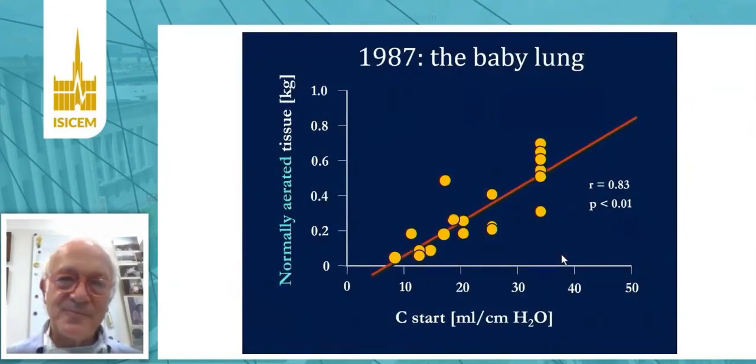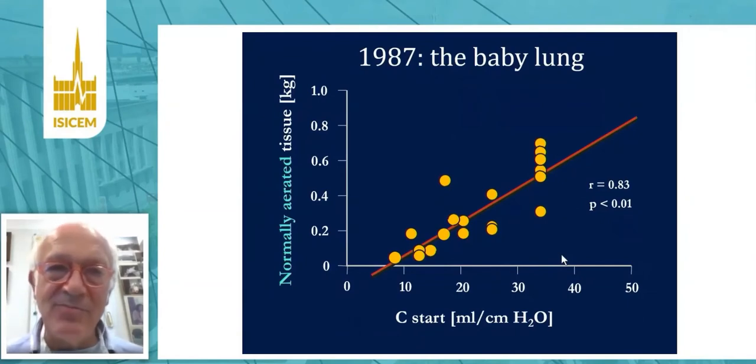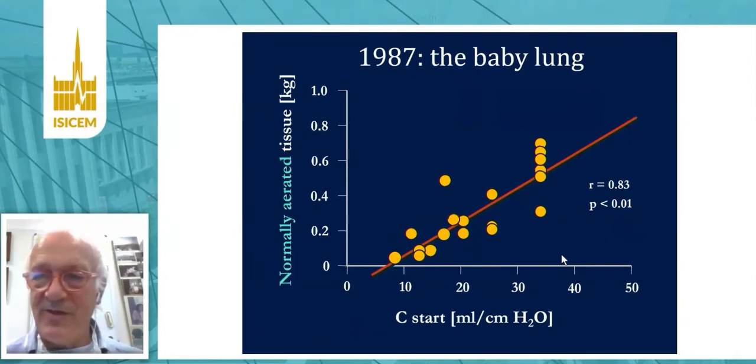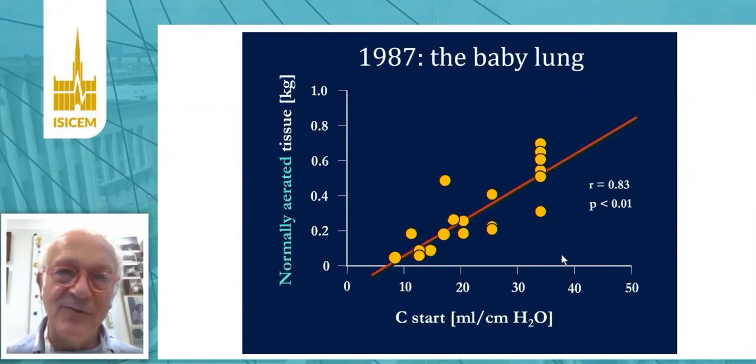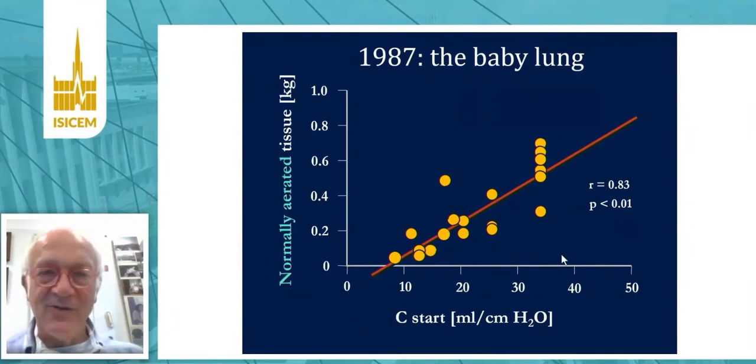Being able to measure the amount of normally aerated tissue, we discovered a very important thing, that is that compliance of the respiratory system was related to the amount of normally aerated tissue rather than the amount of disease. What was important was the amount of lung that was still aerated.